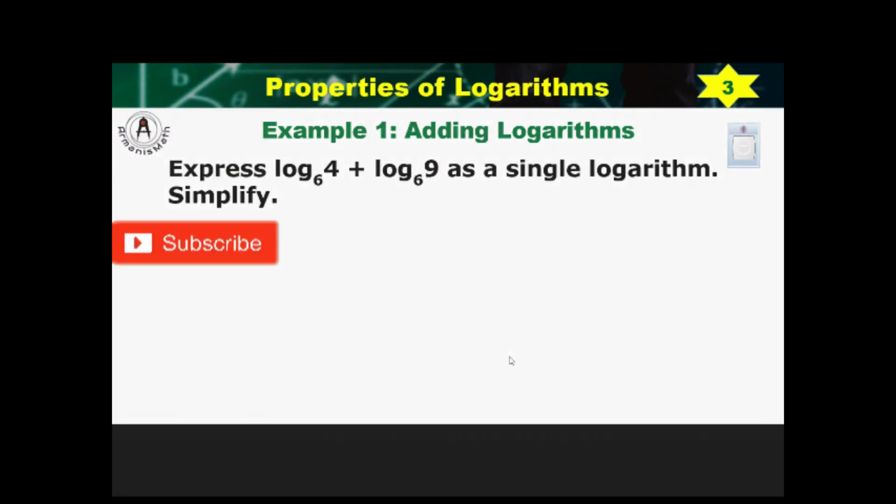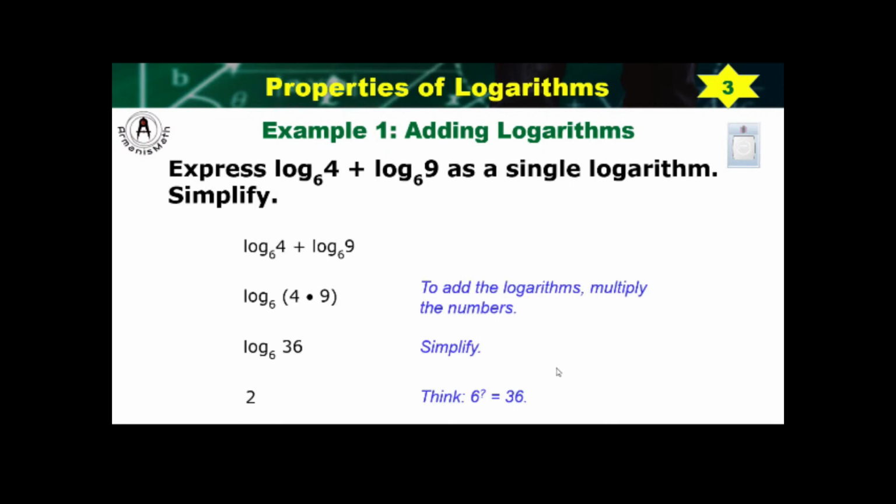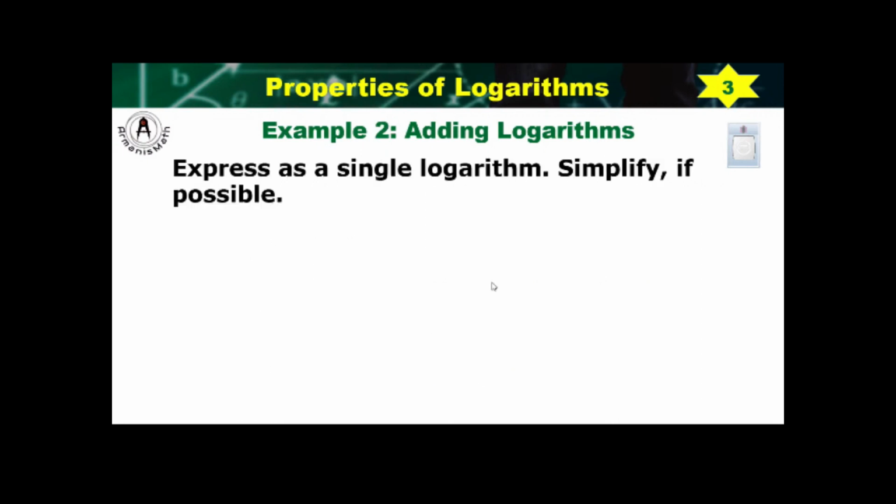Let's do another example. This one says express as a single log and simplify if possible. I've got log base 5 of 625 and log base 5 of 25. There are actually two schools of thought we could use.